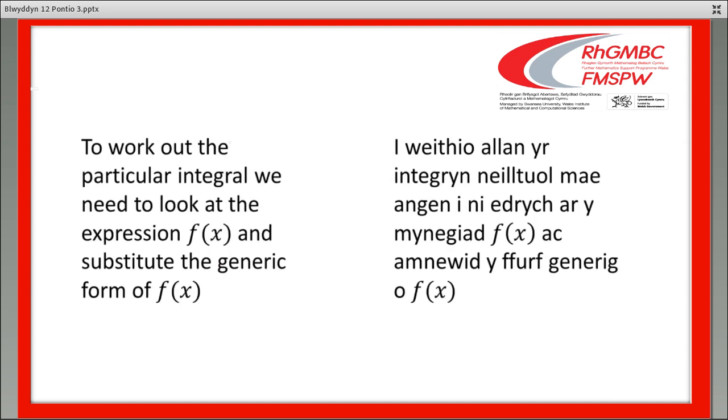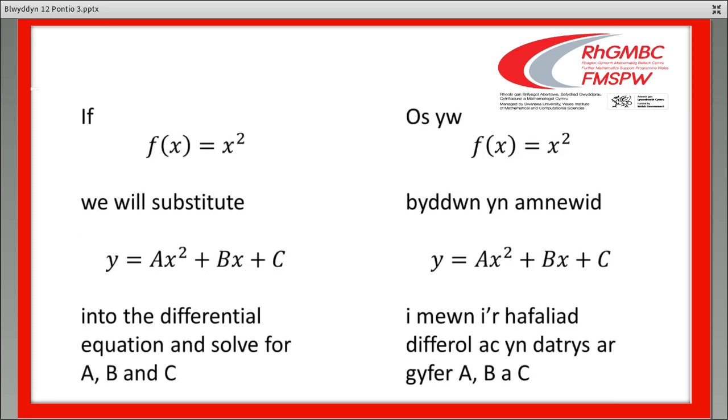Now, in terms of the particular integral, as I said, we need to look at the expression of f of x and substitute in the generic form of that f of x. So if we've got y double dash and so on equals x squared, we will substitute y equals a, start with the x squared and go down.